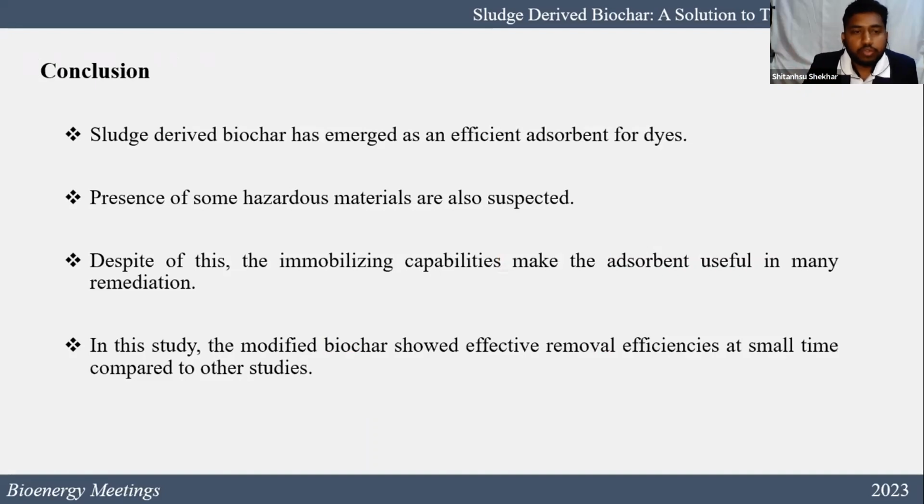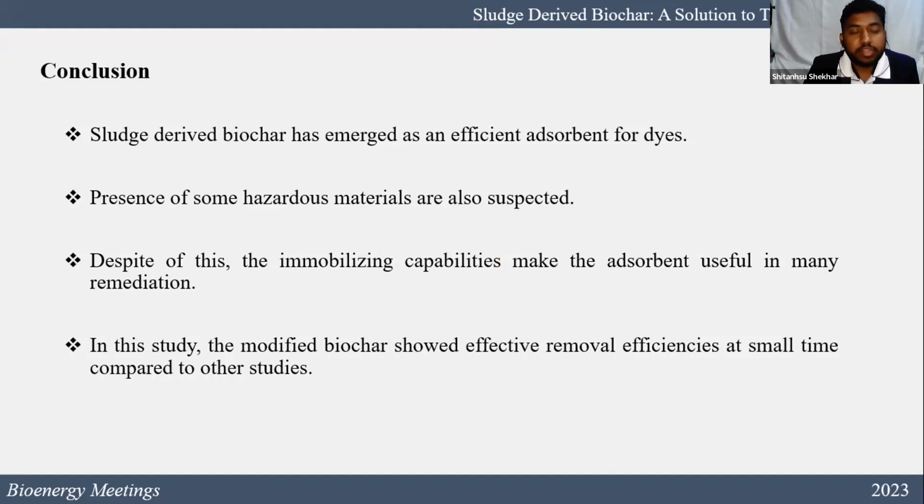Based on these results, what we can conclude is that sludge derived biochar has emerged as an efficient adsorbent for dyes. But yes, the presence of some hazardous material is also suspected, which can be detected via different characterization methods, like the AAS method, the FTIR method.